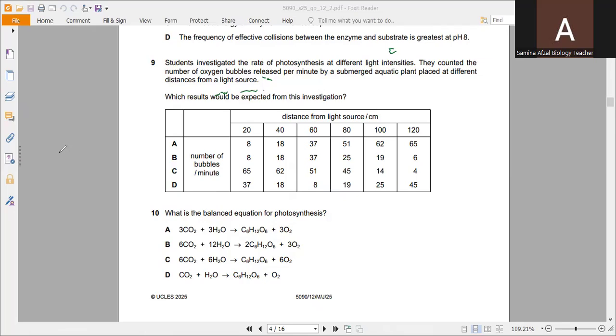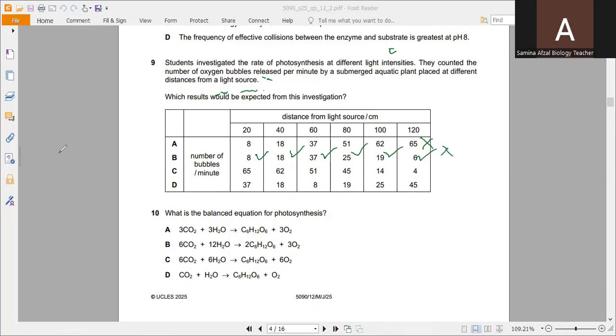At A, as the distance is increasing, the number of bubbles should decrease. At B, as the distance is increasing, you can see the fluctuation: at 20 it is 8, then 18, 37, 25, 19 and 6. Again, this is not the correct option.